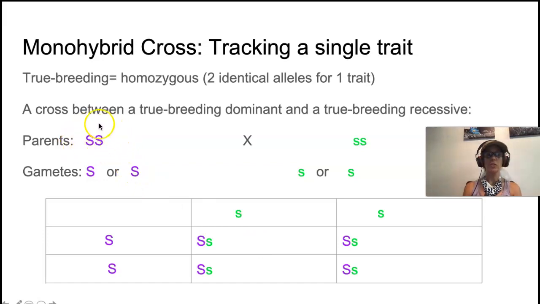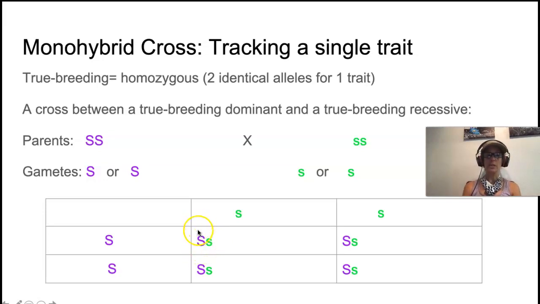So the genotype of this parent is homozygous dominant. Its phenotype is purple. The genotype of this parent is homozygous recessive. Its phenotype is green. And I kept the color coding in the offspring because we have 1 purple allele and 1 green allele in each seed.